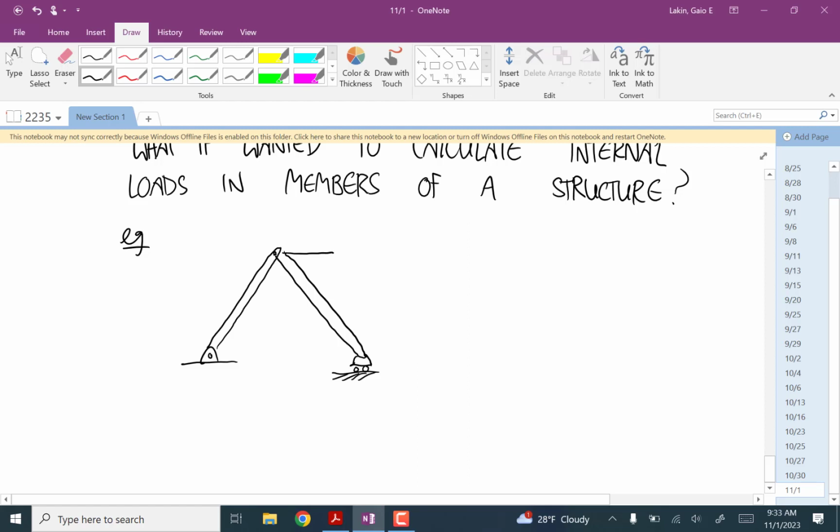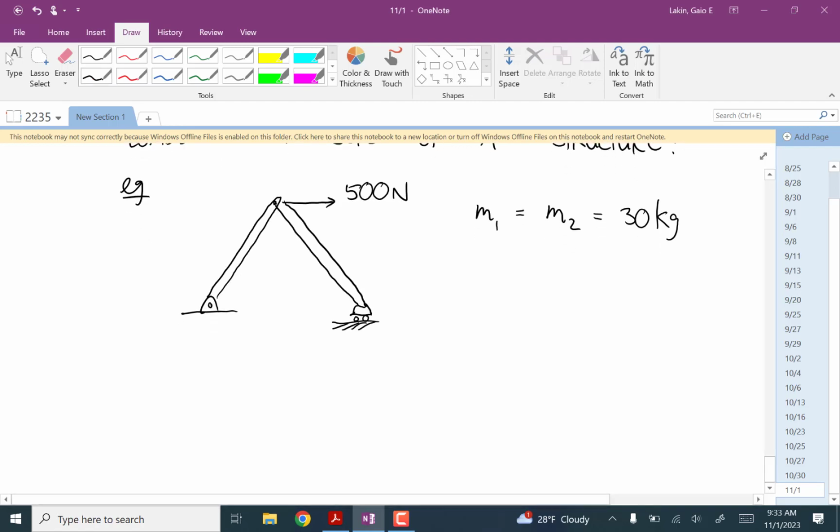Let's say you apply some force to it. And let's say each of the masses of these members is 30 kilograms. Okay, and we want to calculate the internal loads in both of these two members.